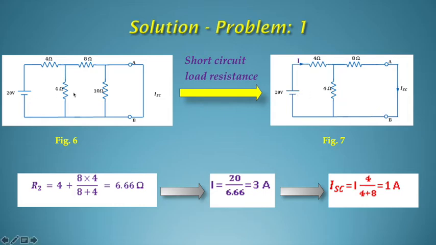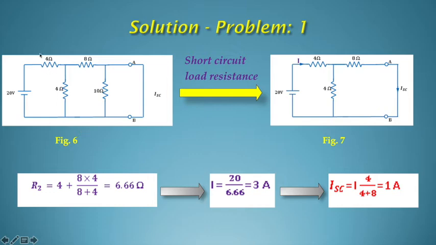From the figure, find the equivalent resistance with the 20 volt source. The 10 ohm resistance and the short circuit, which means zero resistance, are in parallel, so we get zero resistance here. Then 4 ohm and 8 ohm are in parallel, so these two give 8 into 4 divided by 8 plus 4.